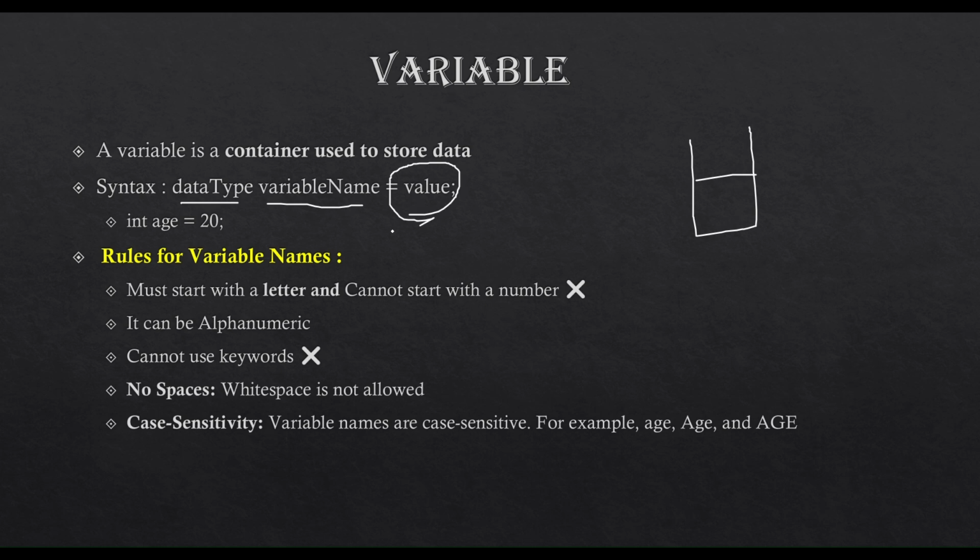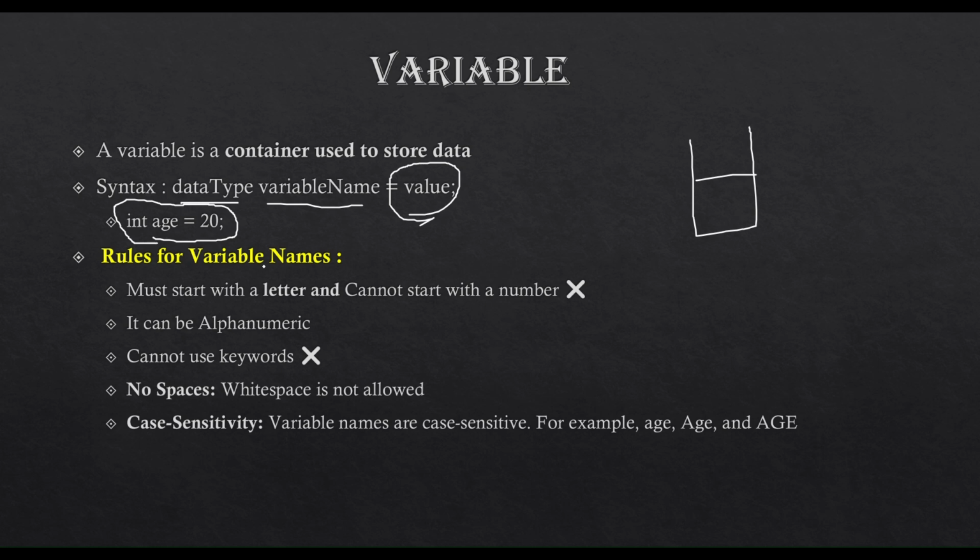In order to create a variable name, there are some specific rules and regulations you have to follow, otherwise you will face an error. Let's see an example: I have created a variable named age and stored the value 20. I assigned the data type as int. Don't worry, I will explain data types in the next part.